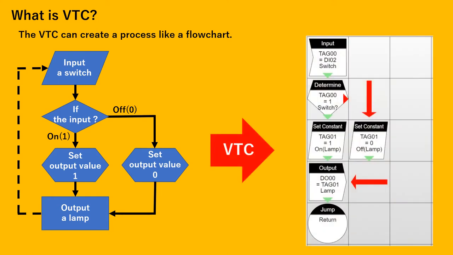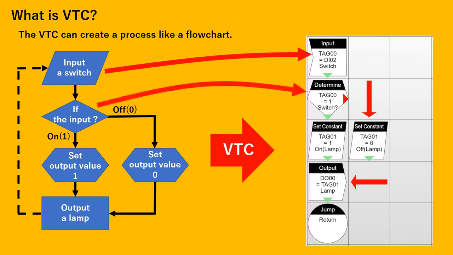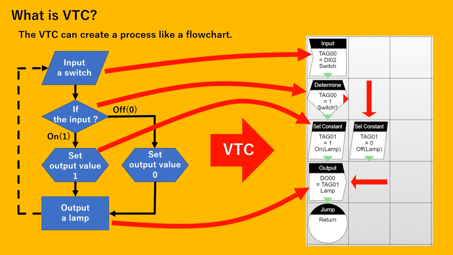This flowchart is written down like this in VTC. A switch input is this. This if is here. Setting output value is this set constant. A ramp output is this.